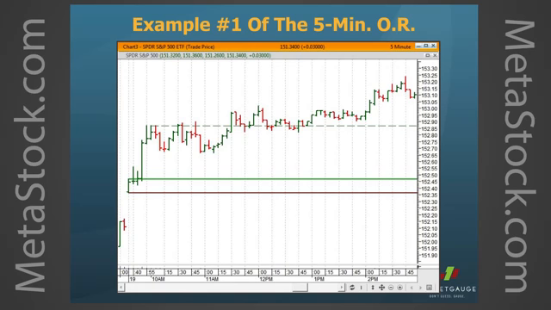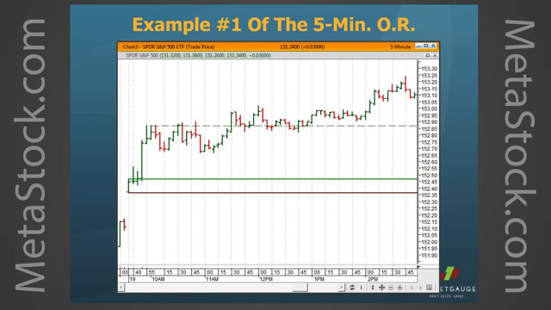I am going to focus on the 30-minute opening range because I said that's the best opening range to start with. It's the best to start with because you have more time to sit back, digest what those levels are, and then react to it as the market unfolds.